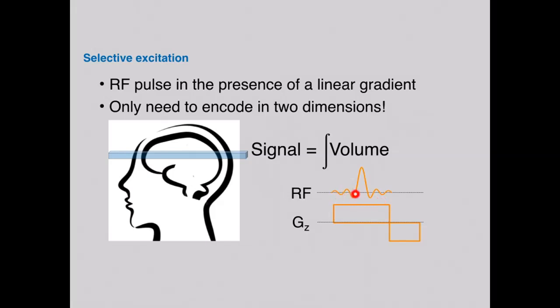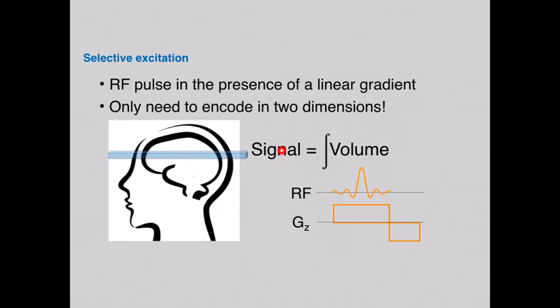And so if I apply a sinc pulse while having the gradient on, then spins over here are outside of the bandwidth of the RF, so they're not interacting with the RF. Spins down here are also outside of the bandwidth, so they don't interact. But only spins within the bandwidth are going to be excited. So now I have this slice excited.